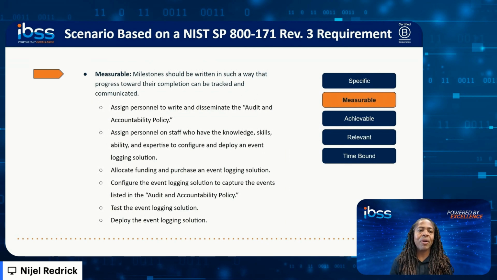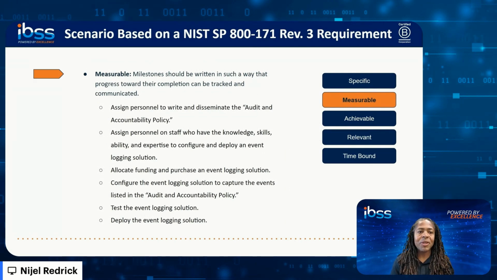The requirement also stated that those events should be reviewed and updated based on an organization-defined requirement. Well, again, a policy is the ideal mechanism to accomplish that. So what we're going to do here is to assign personnel to write and disseminate an audit and accountability policy.